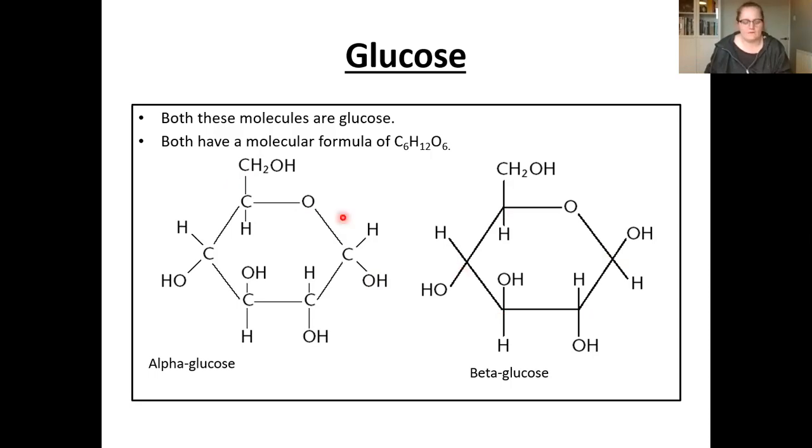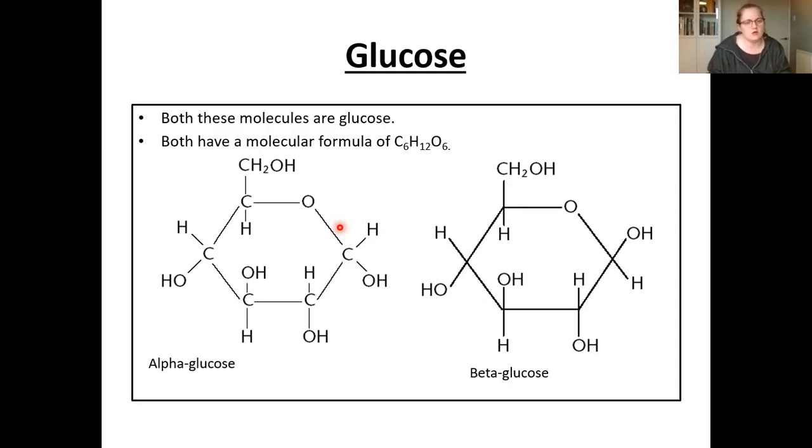So this has had a switch round. In alpha glucose, the H is at the top, in beta glucose, the H is at the bottom. It's only on this fifth carbon. We count the carbons from here: 1, 2, 3, 4, 5. On this fifth carbon, we have the groups switched around in direction.